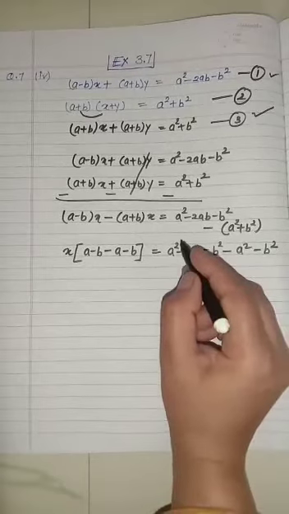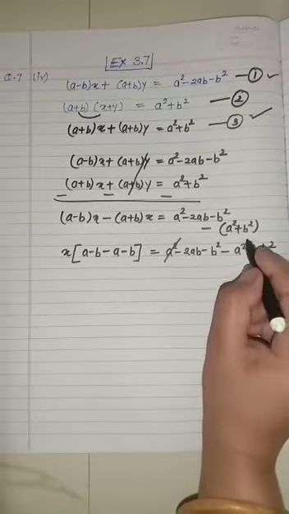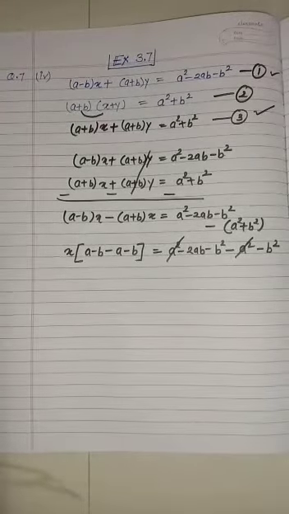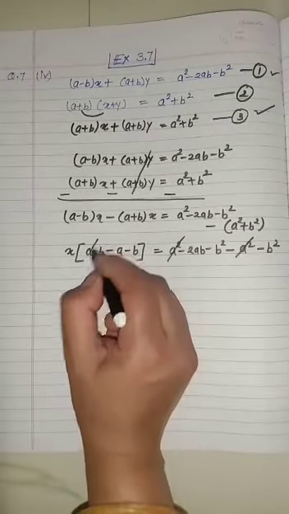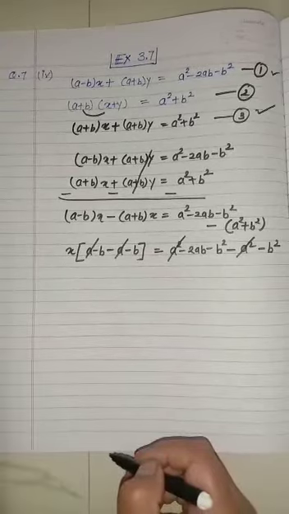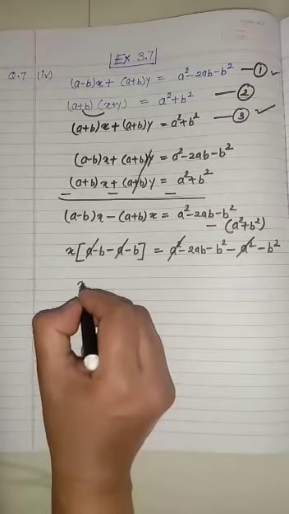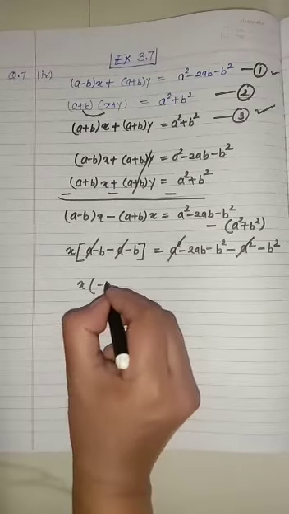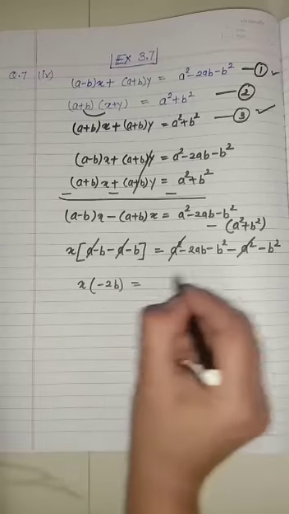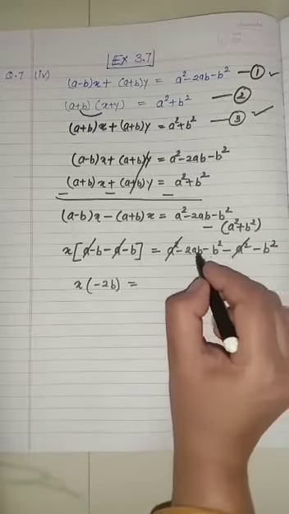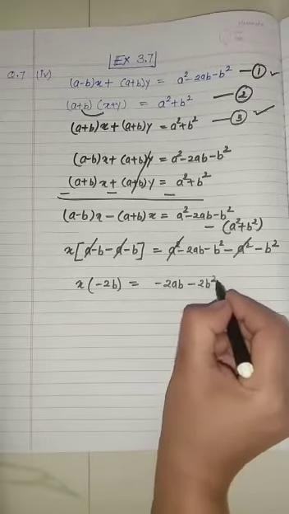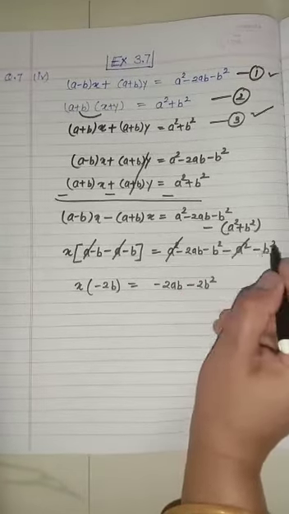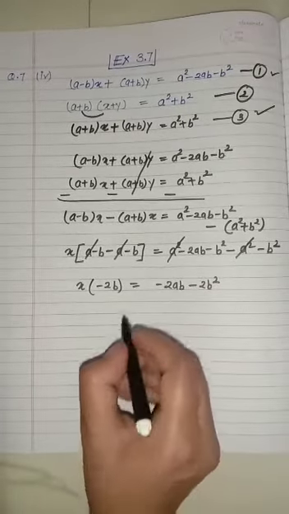As you can see here student, this positive a square cancels with this minus a square, and in left hand side again this plus a cancels with this minus a. Remaining terms x into (minus b minus b), that is minus 2b, equal right hand side, as you can see, minus 2ab, and this minus b square minus b square we will get minus 2b square.